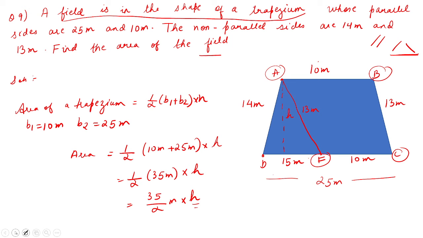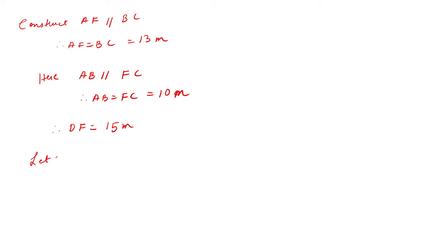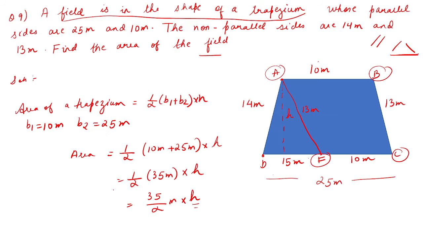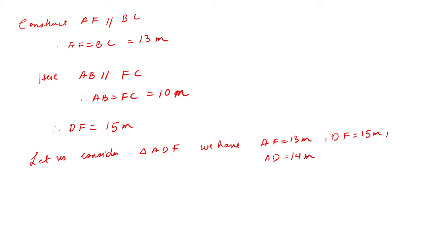We have AF equal to 13 meter. We also have DF equal to 15 meter. And finally AD is going to be equal to 14 meter. Clear?